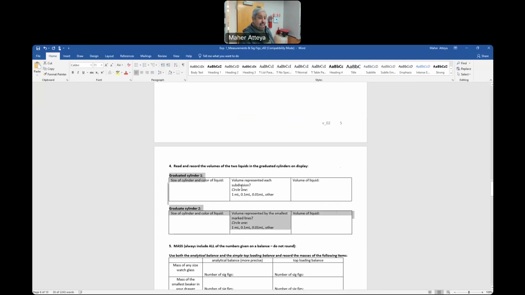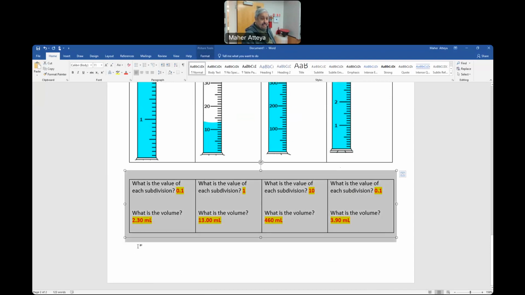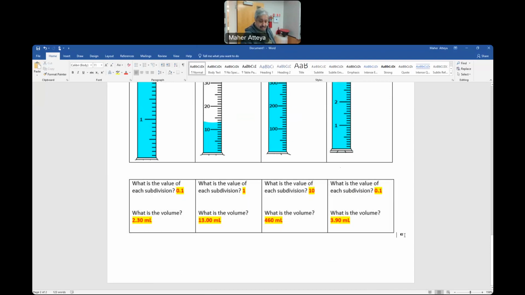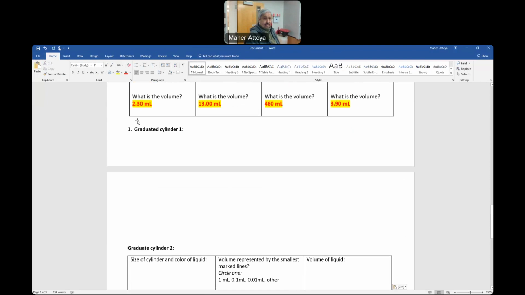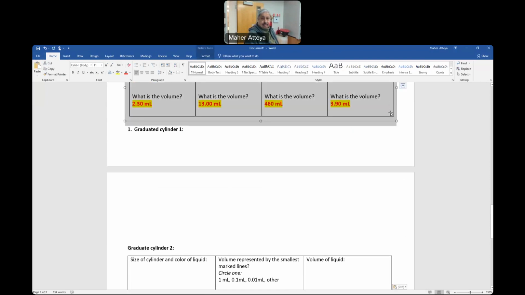If it's not working, then you can answer the whole thing inside and snip it out with the snipping tool. So here it is, guys. I have the graduated cylinder one. It does not take the one here, maybe. Let's see.